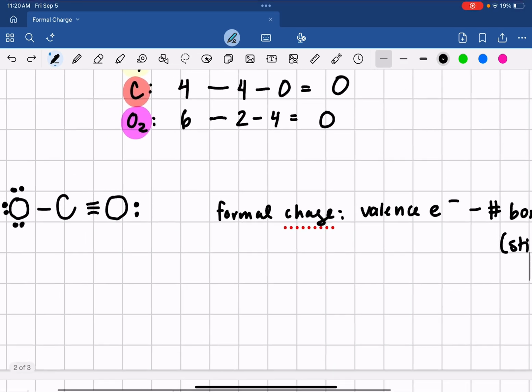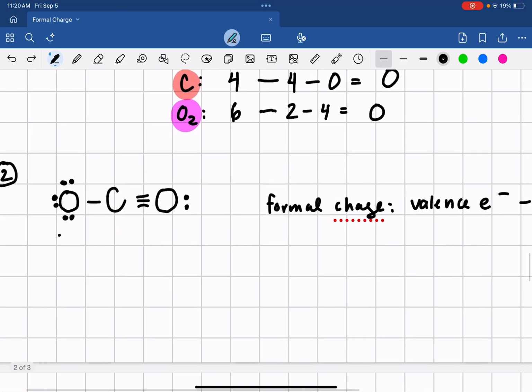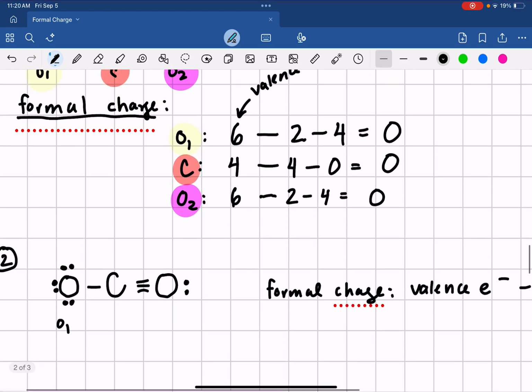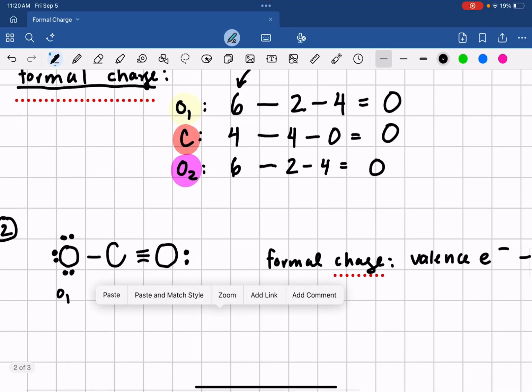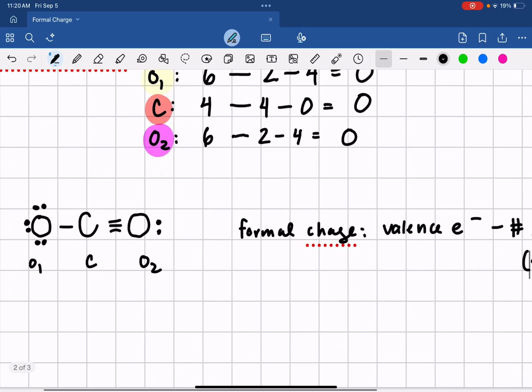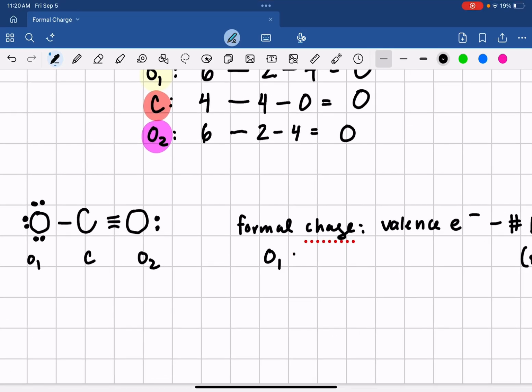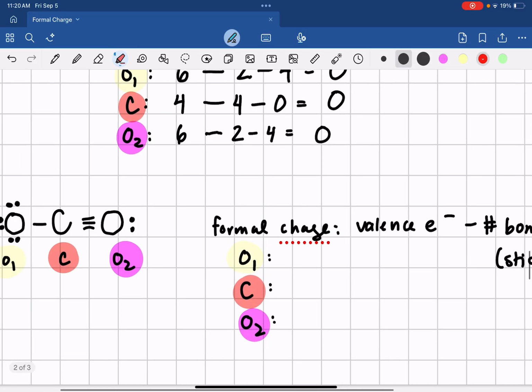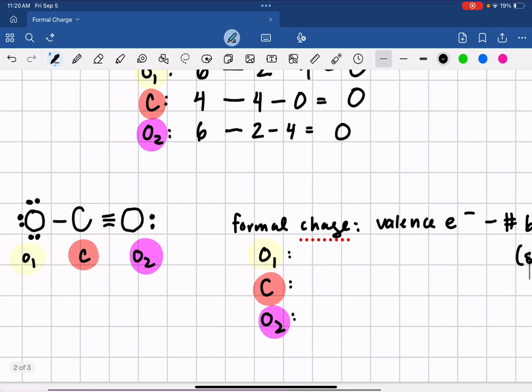Let's use the same way to notate these. So we'll call this oxygen 1, carbon in the middle, and oxygen 2. Perfect. Let's go ahead and calculate its formal charge.